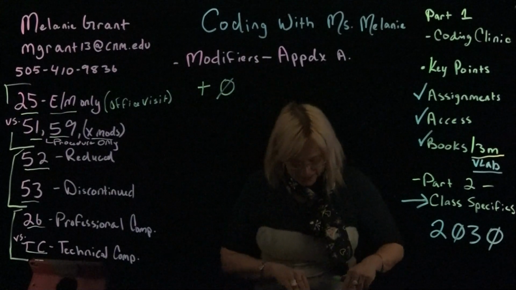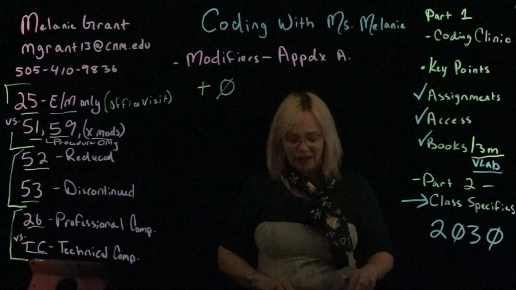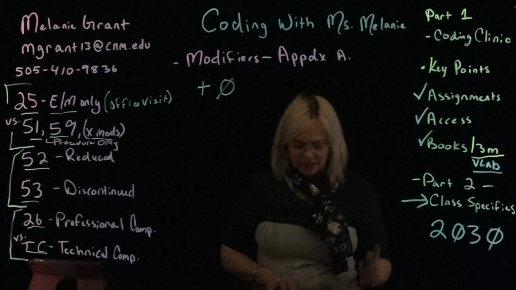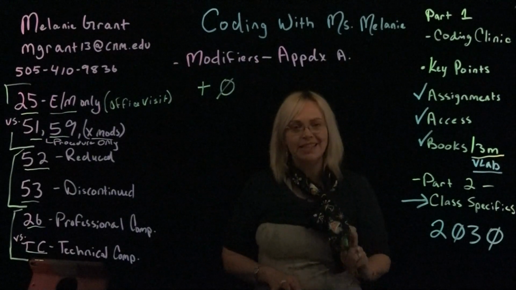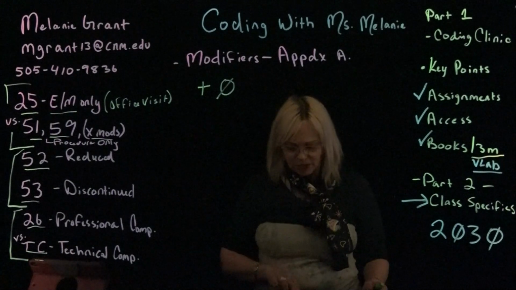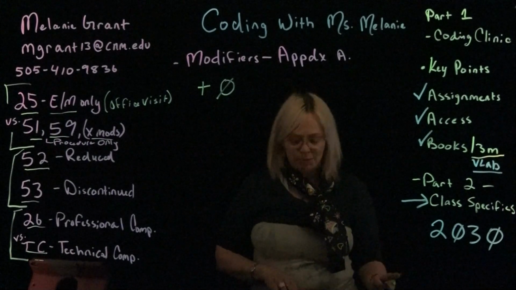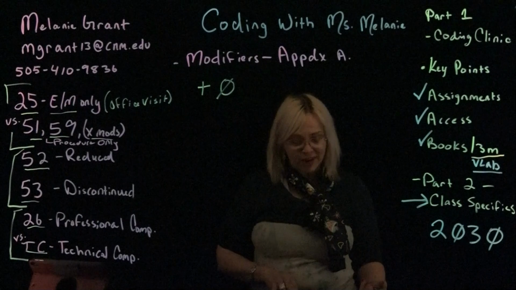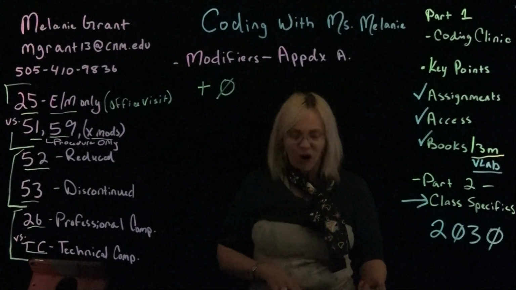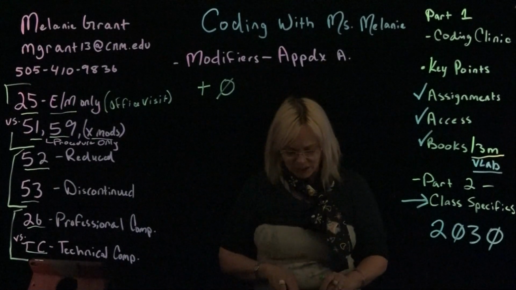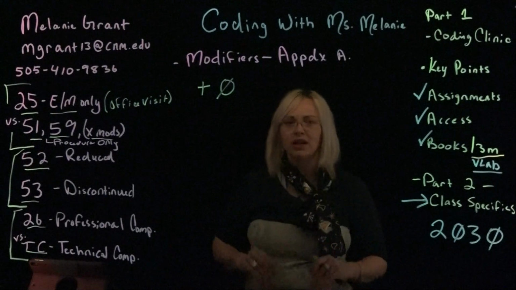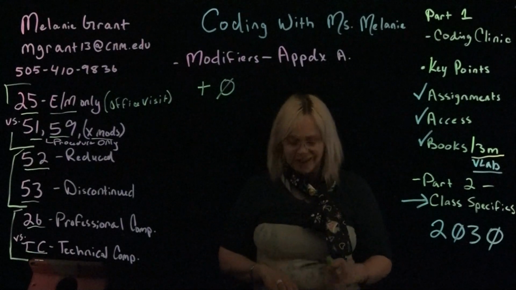In our Appendix A, the code description for 25 is: significant, separately identifiable evaluation and management service by the same provider or other qualified healthcare professional on the same day of the procedure or other service. So let's listen to that again.